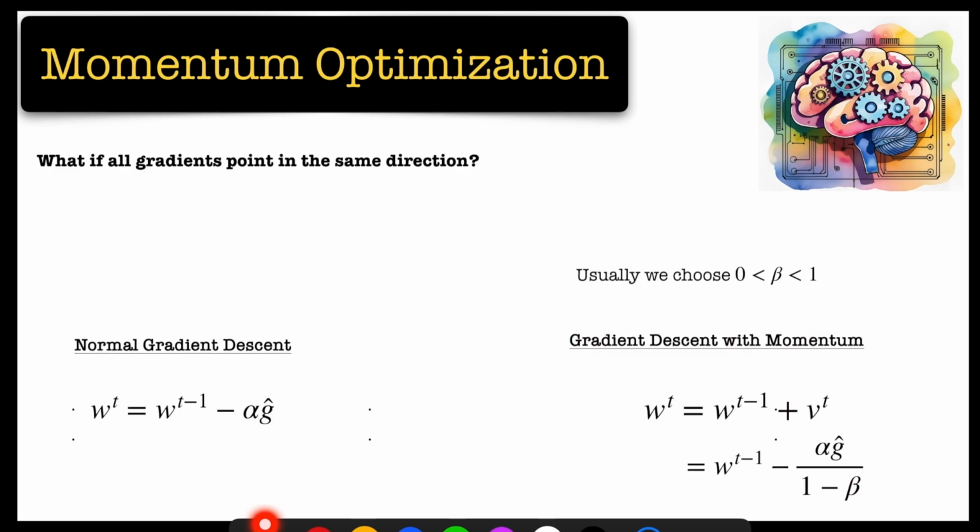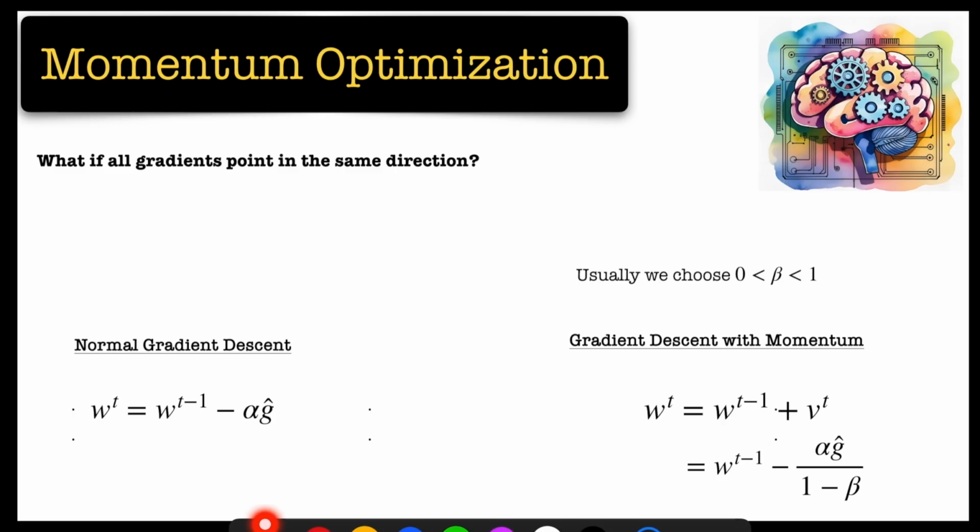So now in normal gradient descent, our formula was wt equals wt minus 1 minus alpha g hat, right? So g hat is basically when we have the same gradient for all the iterations.